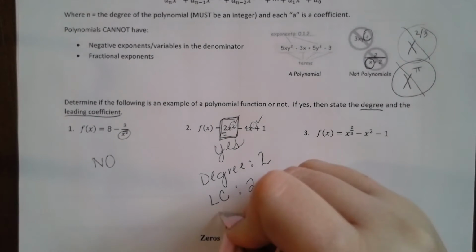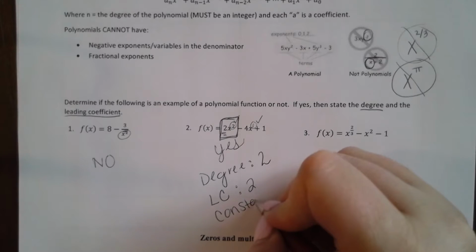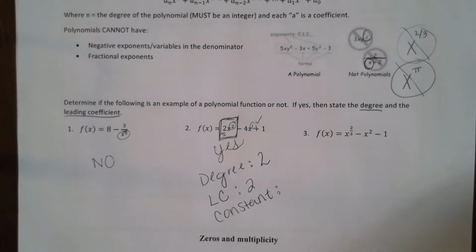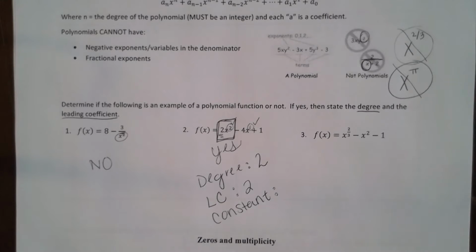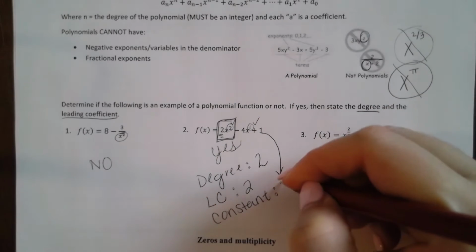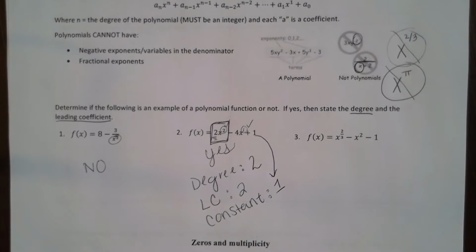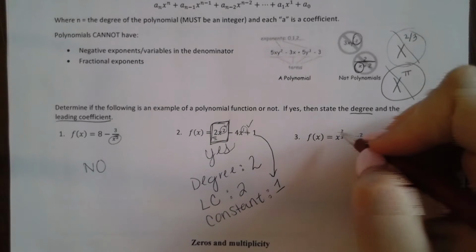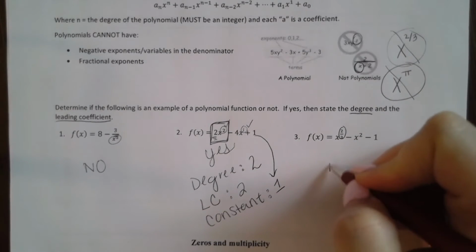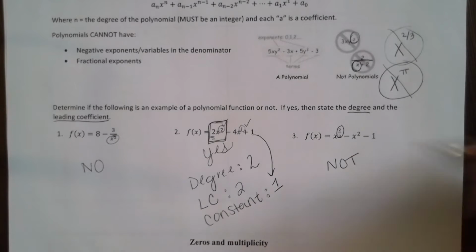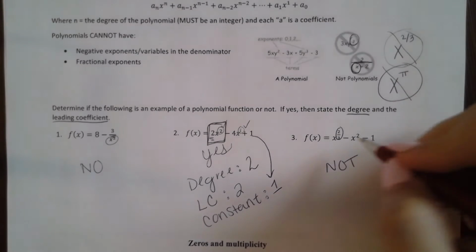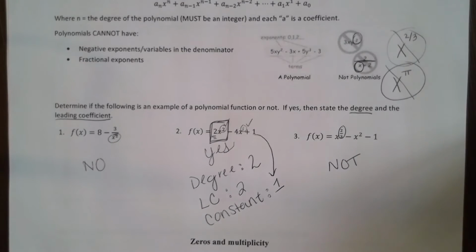On MathXL, I believe it also asks for the constant term. The constant term is the one without any x's, and that would be 1 in this case. Okay, number 3, we have x to the 2/3. That would not be a polynomial because we have a fraction, 2/3.